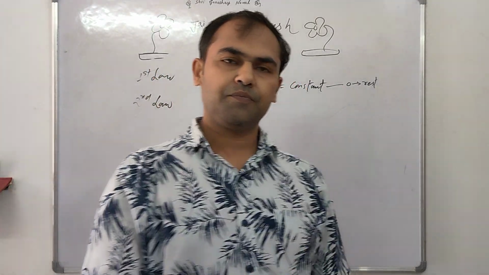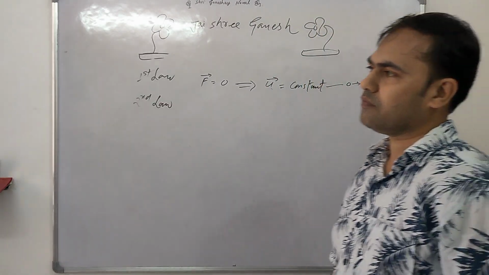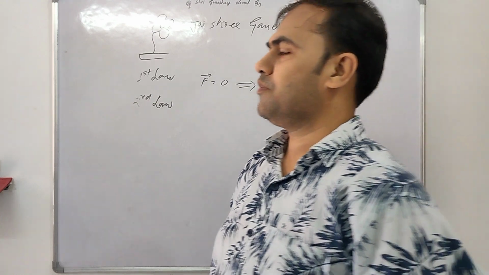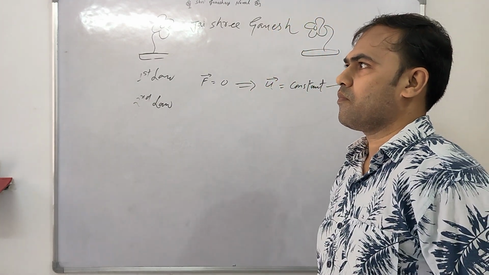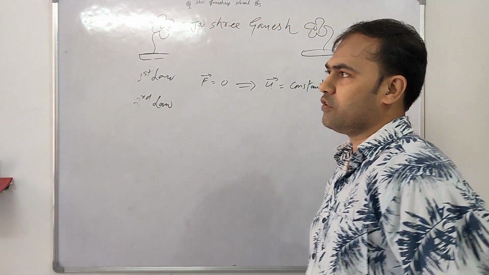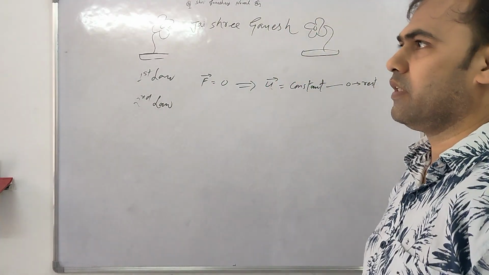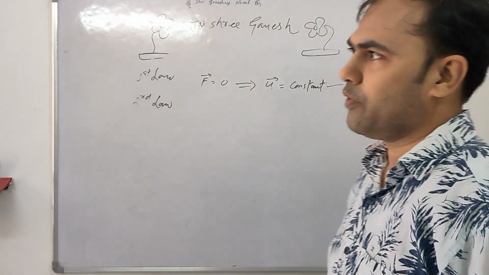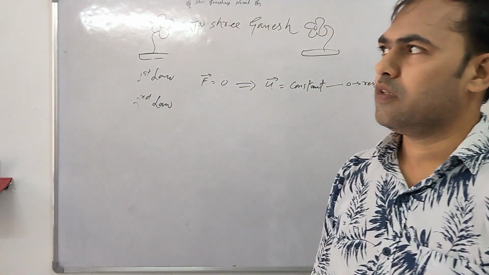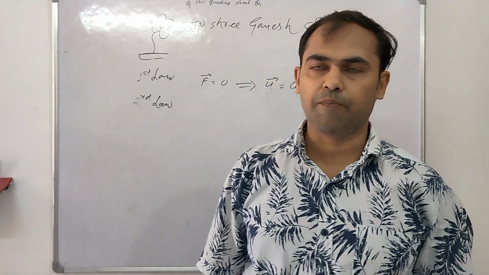Then comes Newton's second law. What does it say? Write down. When a body is subjected to any outside force, the rate of change of momentum will be directly proportional to the net external force applied.